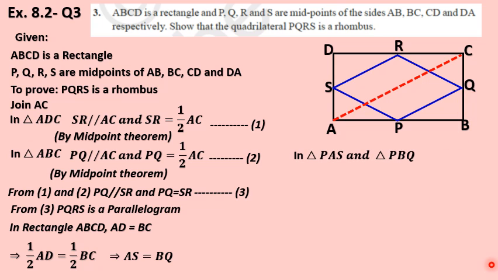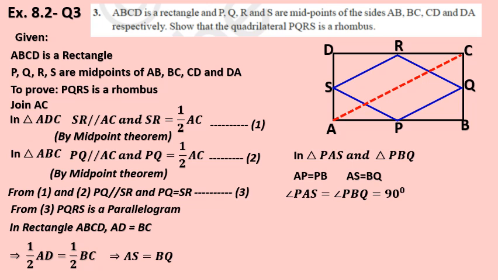Now in triangles PAS and PBQ, we take these two triangles, AP equals PB, AS equals BQ, and since it is a rectangle, angle A equals angle B equals 90 degrees.